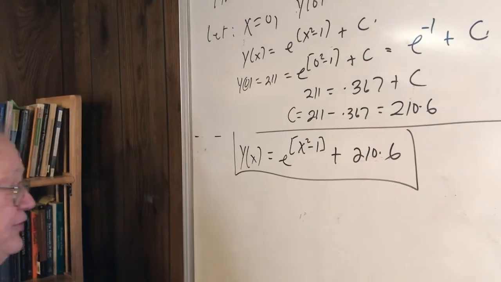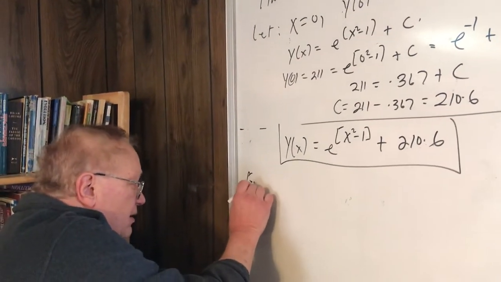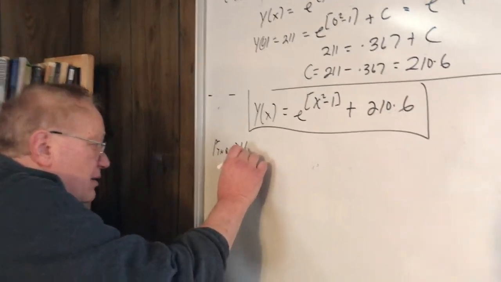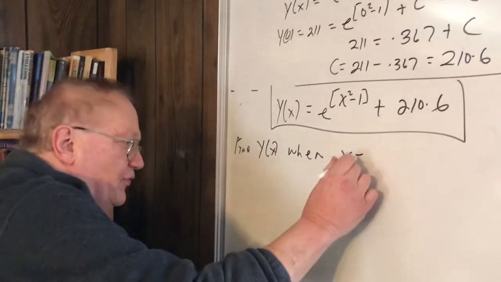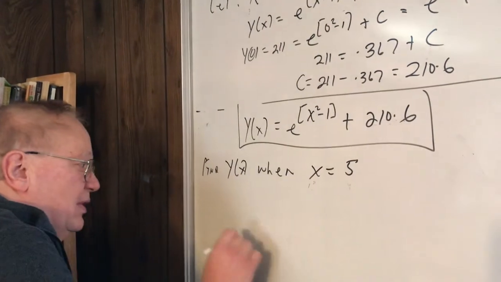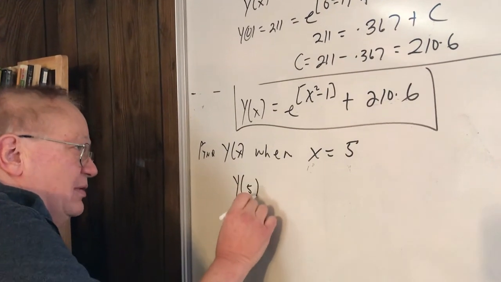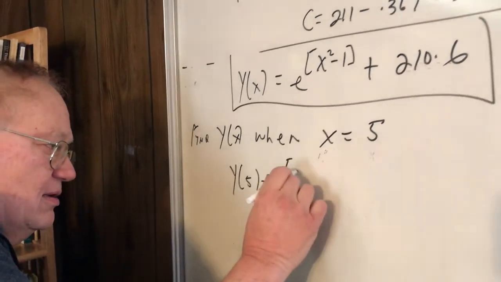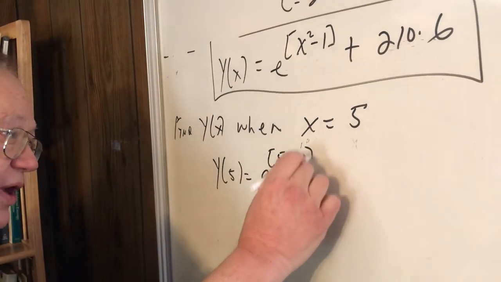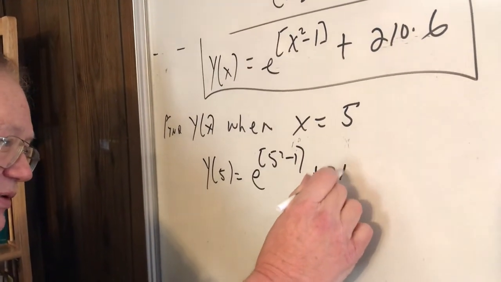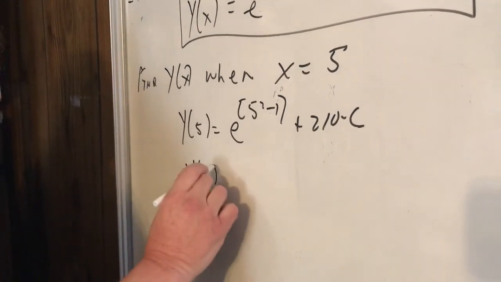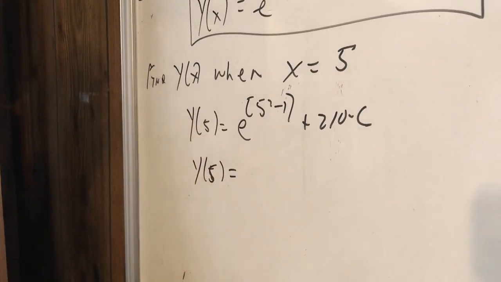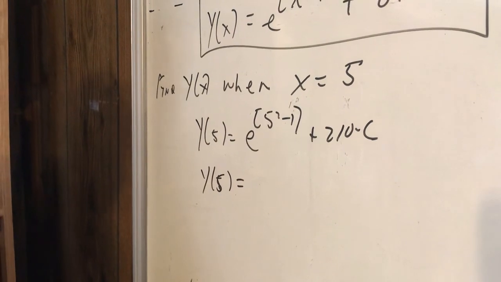So now if I ask you to find y when, one minute, x equals 5, then y of 5 equals e to the 5 squared minus 1 plus 210.6. So y of 5, we'll come back and finish this because my time is up for this first 15 minutes.